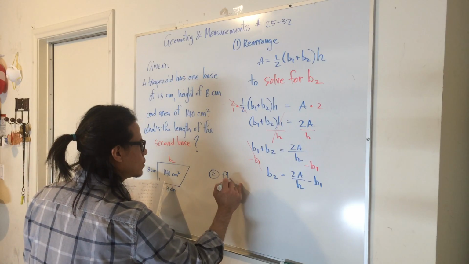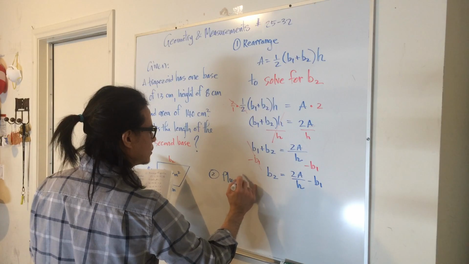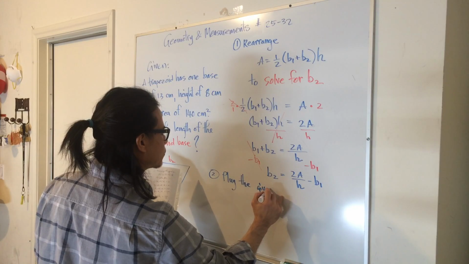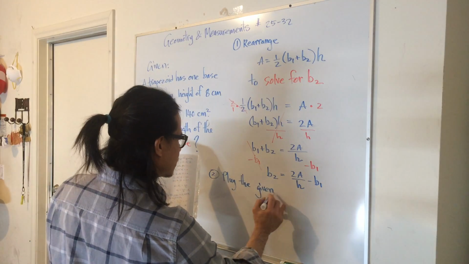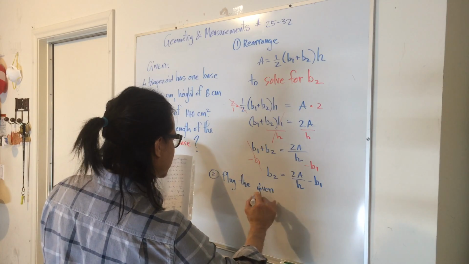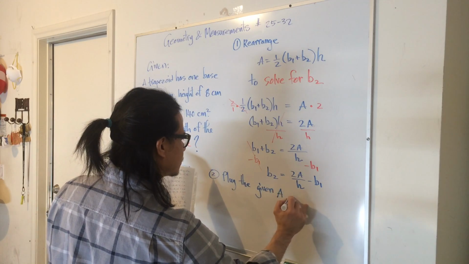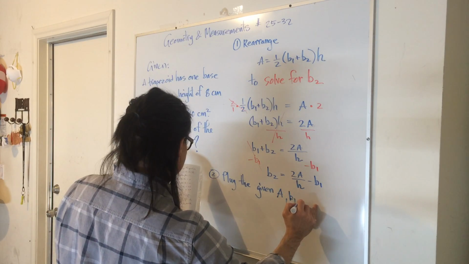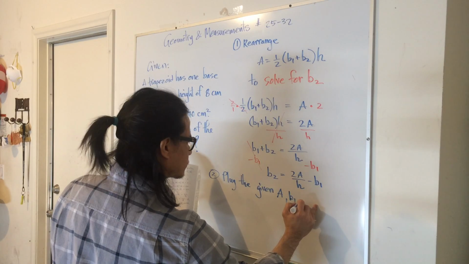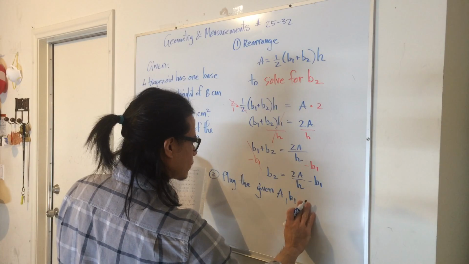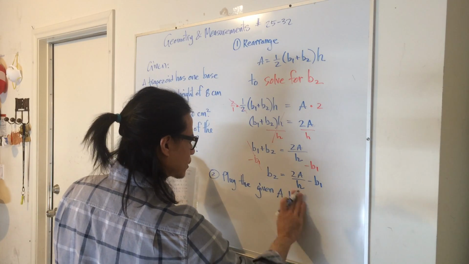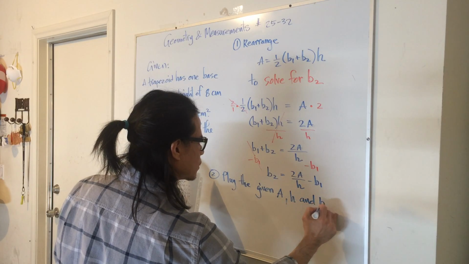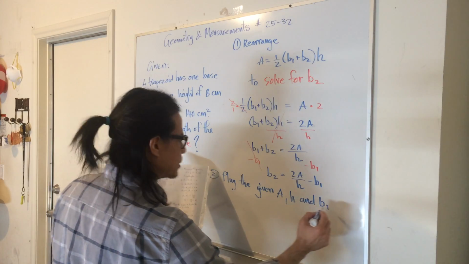This is where we're going to plug in the given information. Note that everything is provided for us except for the B2, which is what we're trying to find. Plug in the given area. We're also given B1. We're given the height. We're going to plug those in to find B2.